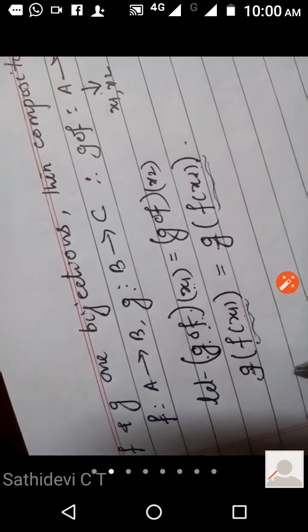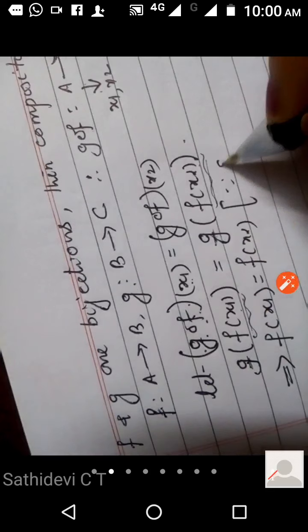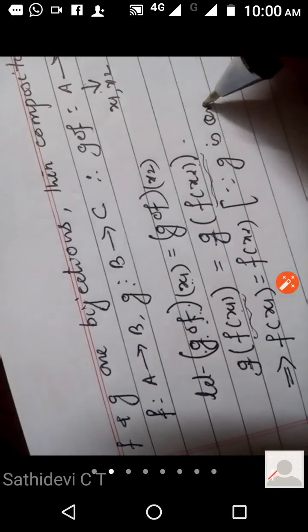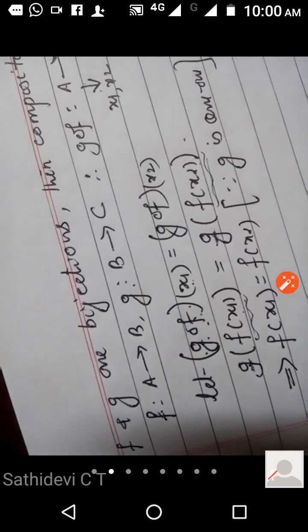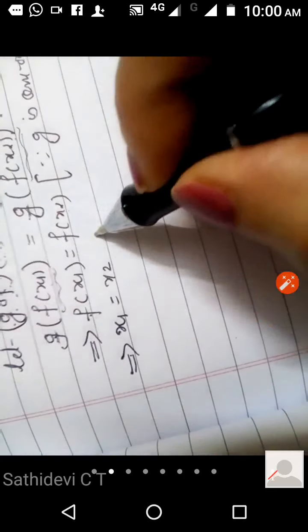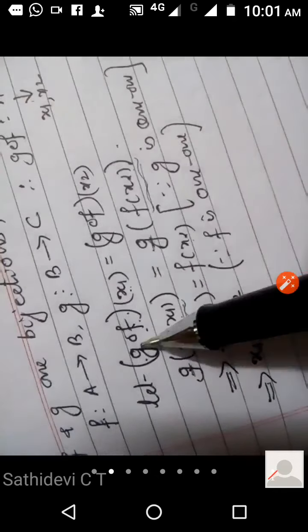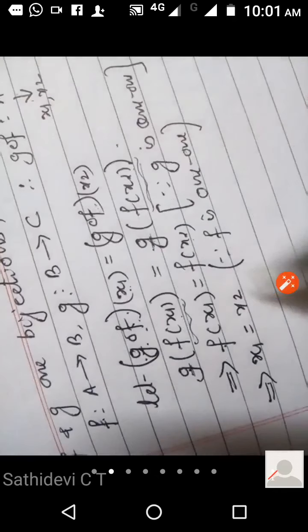We can say this implies fx1 equal to fx2. What is the reason? Since g is an injection. Again, fx1 equal to fx2 implies x1 equal to x2. Why? Since f is 1, 1. Thus, images are equal and you got the pre-images also equal.